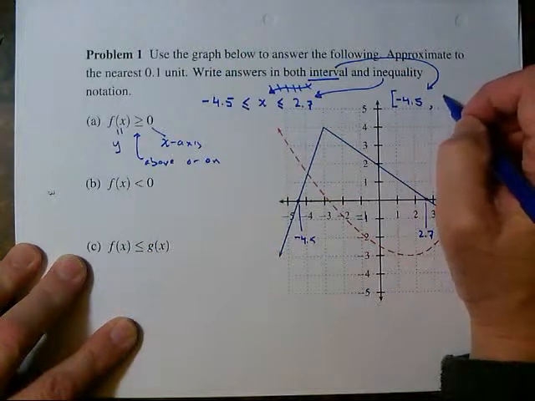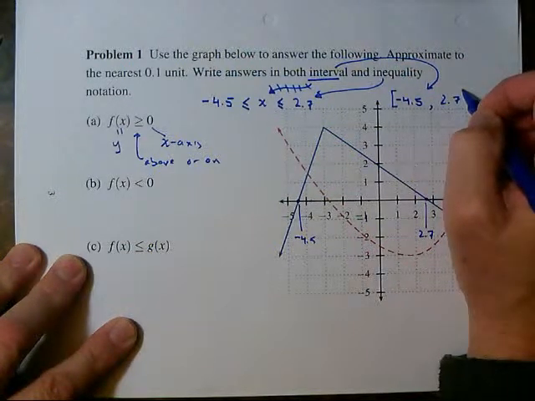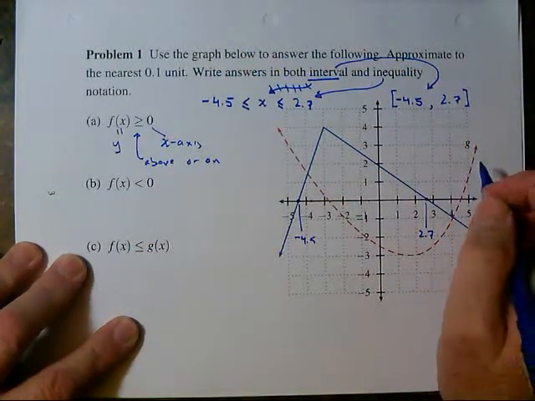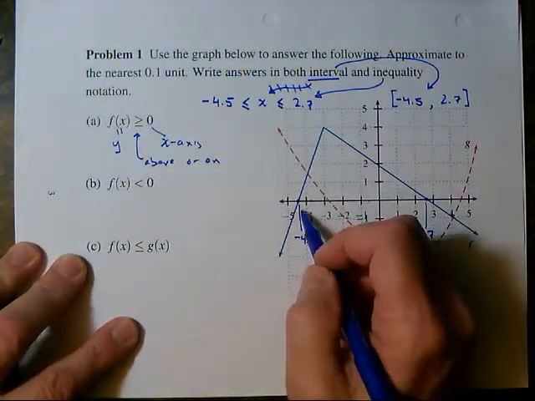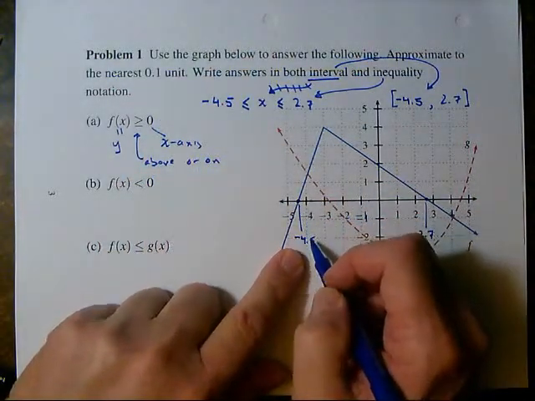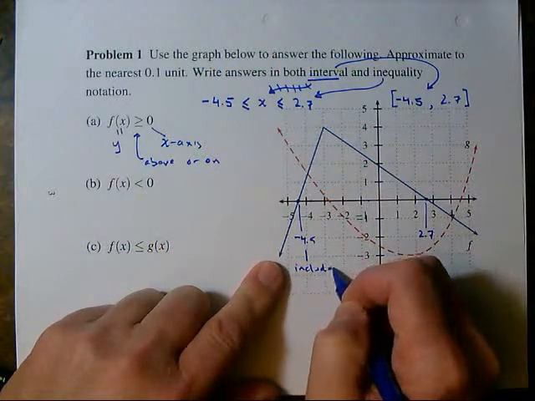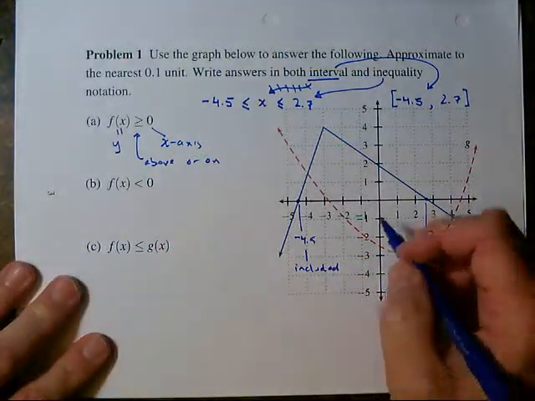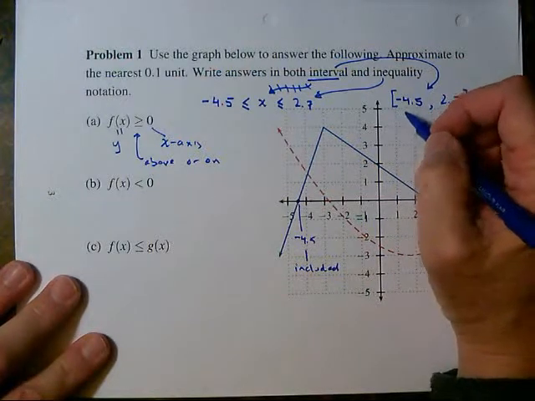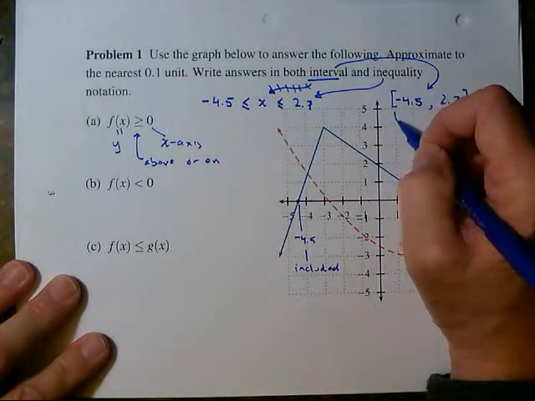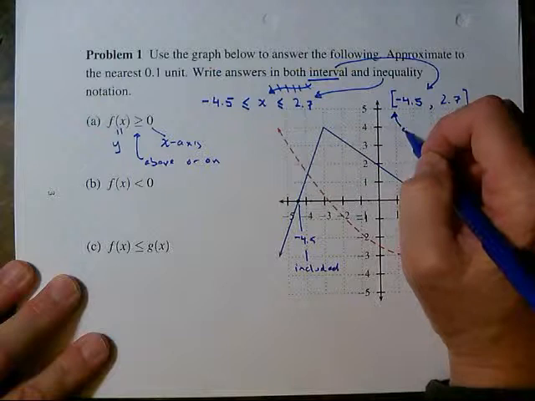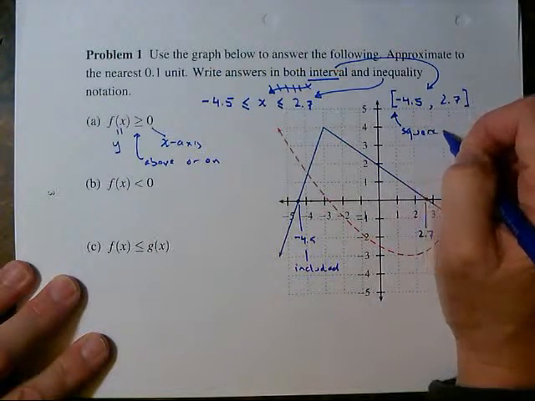Notice I'm using a square bracket for that, and a square bracket here, since negative 4.5 is included in the solution. I need some way to denote that it's included in the solution set.